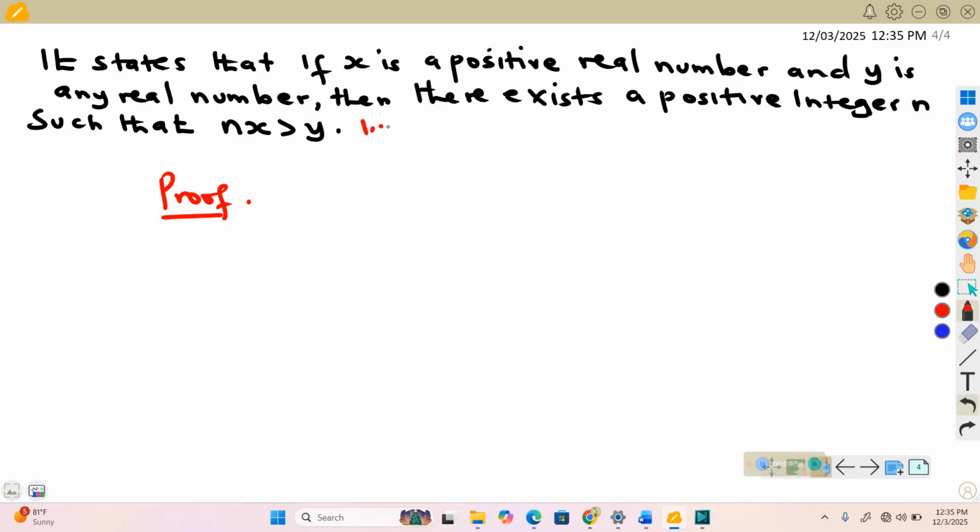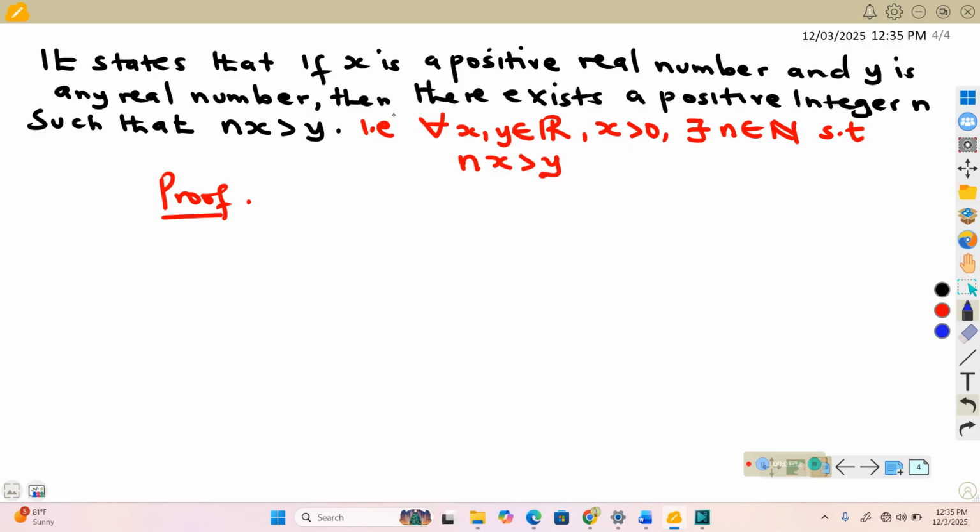In other words, for all x and y that we pick from R, provided that x is a positive value, that is x is greater than 0, there exists a natural number n such that when you multiply n with x, this value will be greater than y.